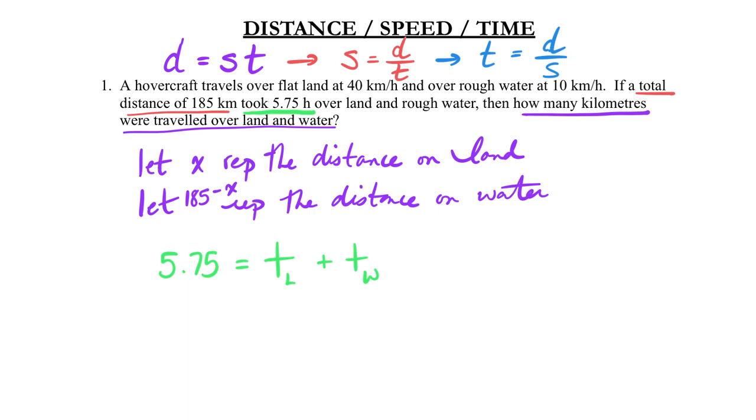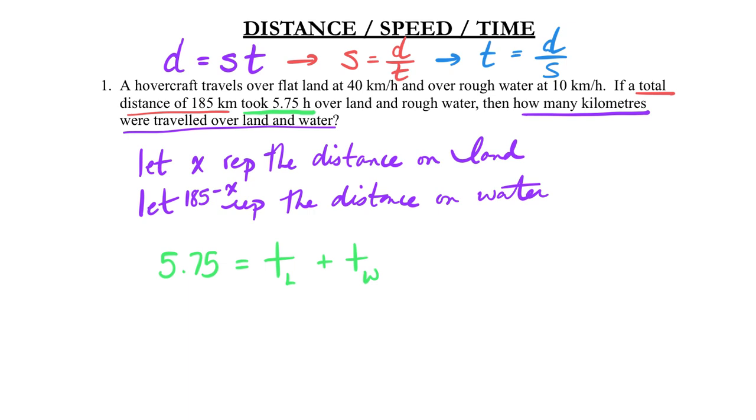Well, if I take a look up at the very top of my page, distance equals speed times time, and then if I look down at the blue, that means I know that time has to equal distance divided by speed. Then I could come up with two expressions, an expression for both land and water, because I know the speed I traveled on both.